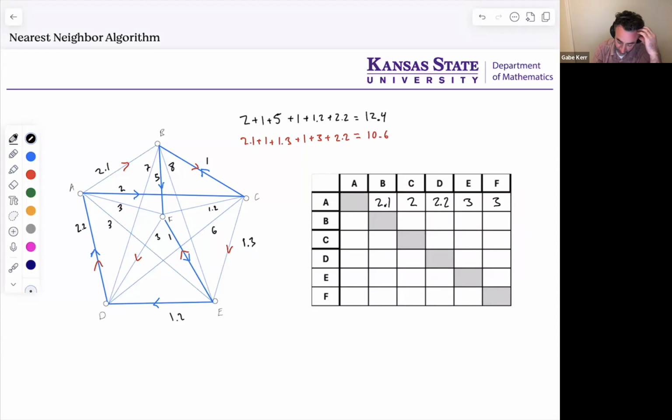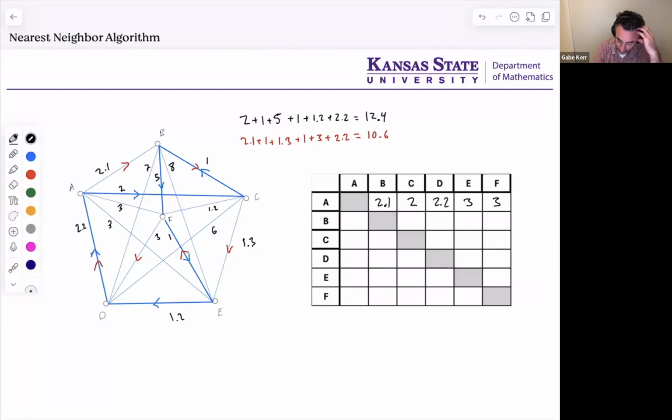And so, again, what I'm doing to find these values is I'm looking at the weights along an edge. So here I see this weight connecting A and F is 3. So I look at A, I look at F, and I find the corresponding entry, and I put the number in. Okay. Hopefully that makes some sense.